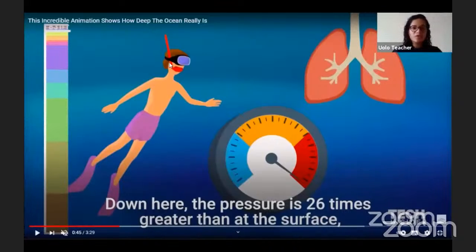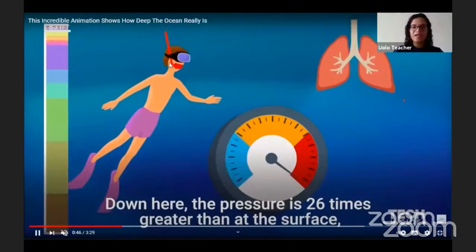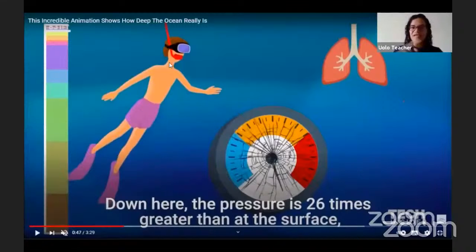Okay, so since it's going to increase 26 times, your body is going to feel that pressure a lot, and your lungs won't be able to bear it. Okay, and can you see the pressure was so much that the compass broke, the one that measures pressure. So we cannot feel that pressure. We cannot bear that pressure.